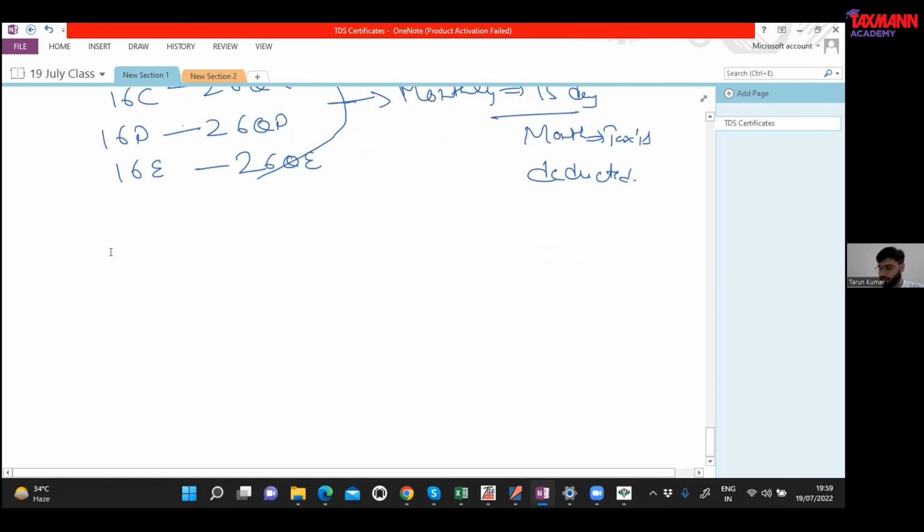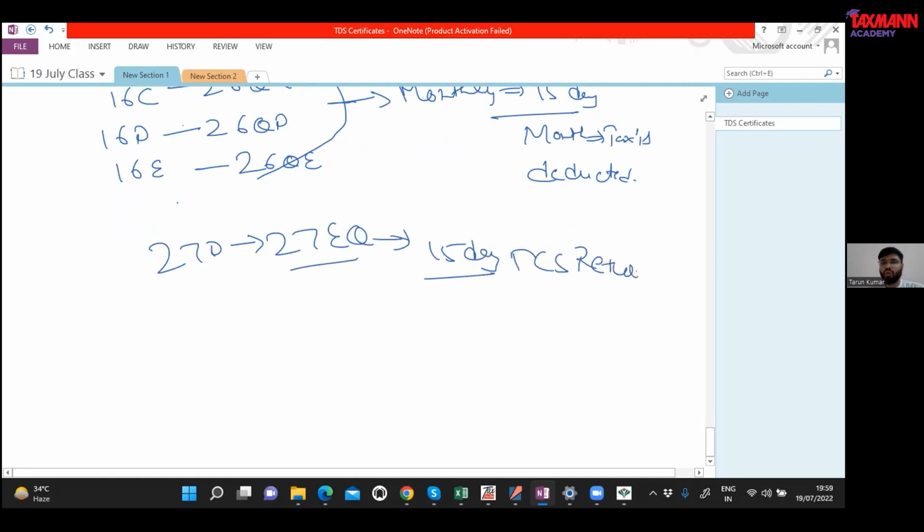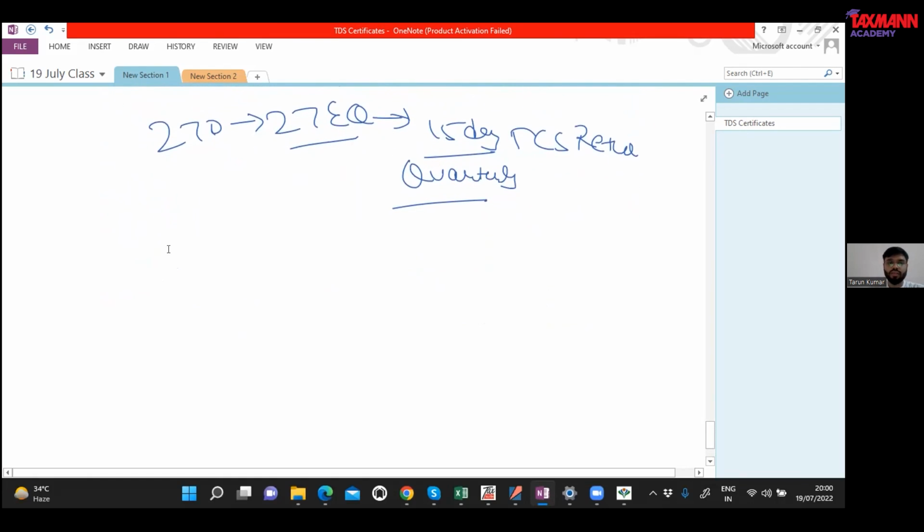So this was the TDS certificate, and the TCS certificate is to be issued in Form 27D against the TCS return filed in Form 27EQ, 15 days from the date of filing of the TCS return, and the frequency is quarterly. So these are the dates to issue the TCS certificate. Now, how to download?